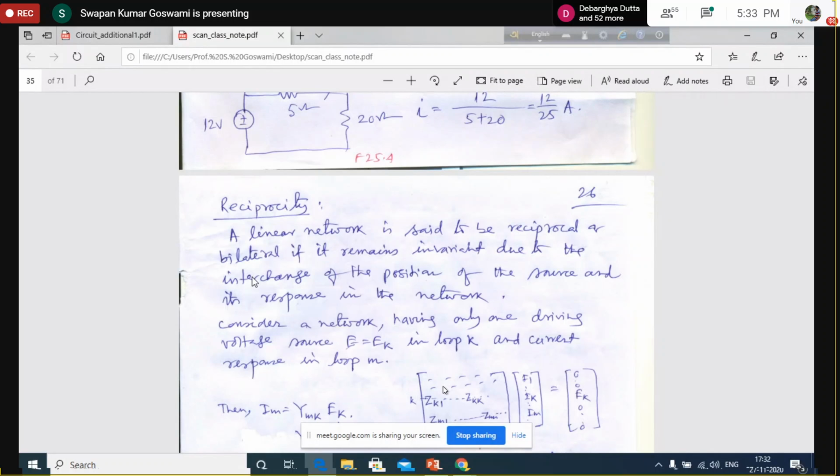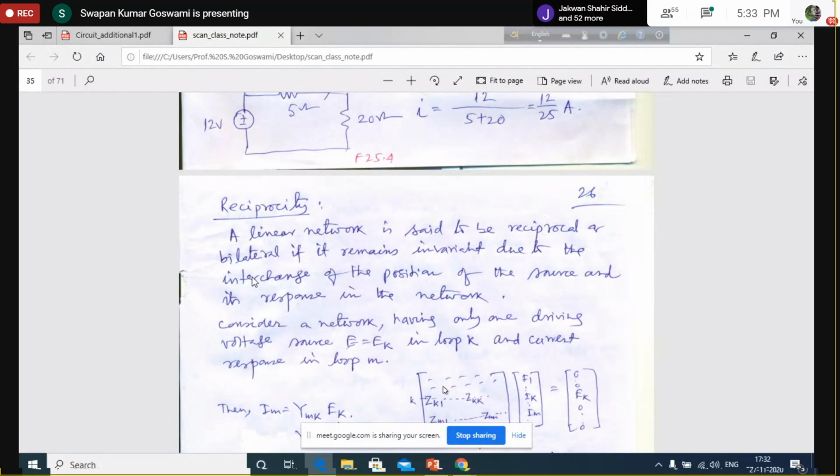Also, we have written the equation Y into V equal to I. Just a little while ago, a few days back, we saw Y into V equal to I. Y is the nodal admittance matrix, V is the node voltage vector, I is the injected current at the node. So for that network we have written the expression in terms of the admittance matrix into the voltage vector equal to the injected current.